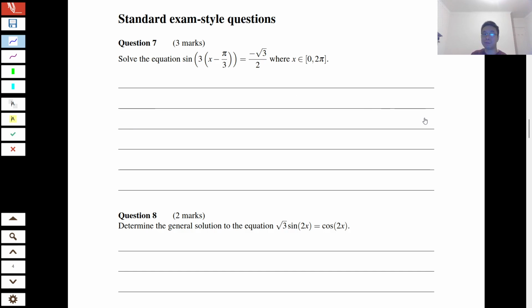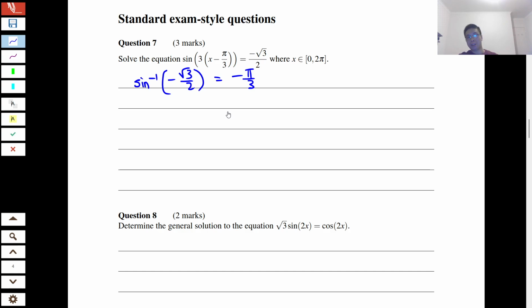So here we go. First thing I'm noticing is that we've got sine and we've got minus root 3 on 2. So our basic angle is going to be the inverse sine of negative root 3 on 2, and that is going to be negative pi on 3.